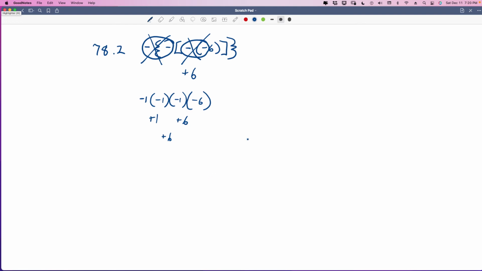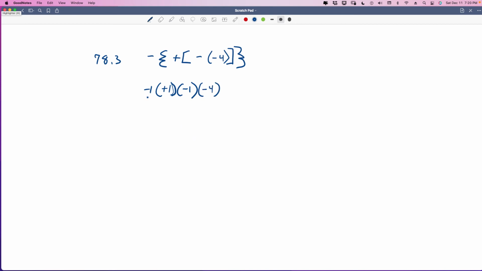All right, let's do 78.3, and that'll be our last problem. 78.3 says this. All right, so we have a -1 here times a positive 1 here times a -1 here times a -4.